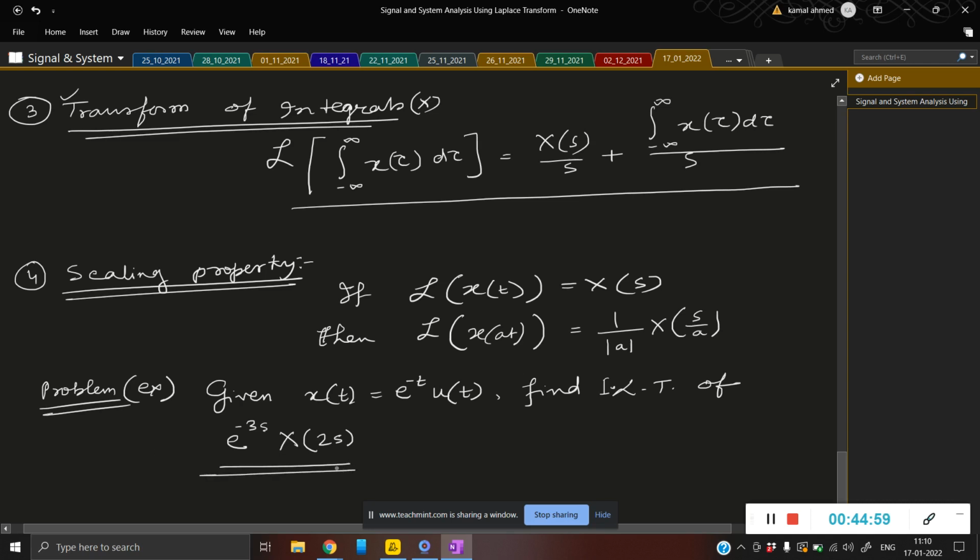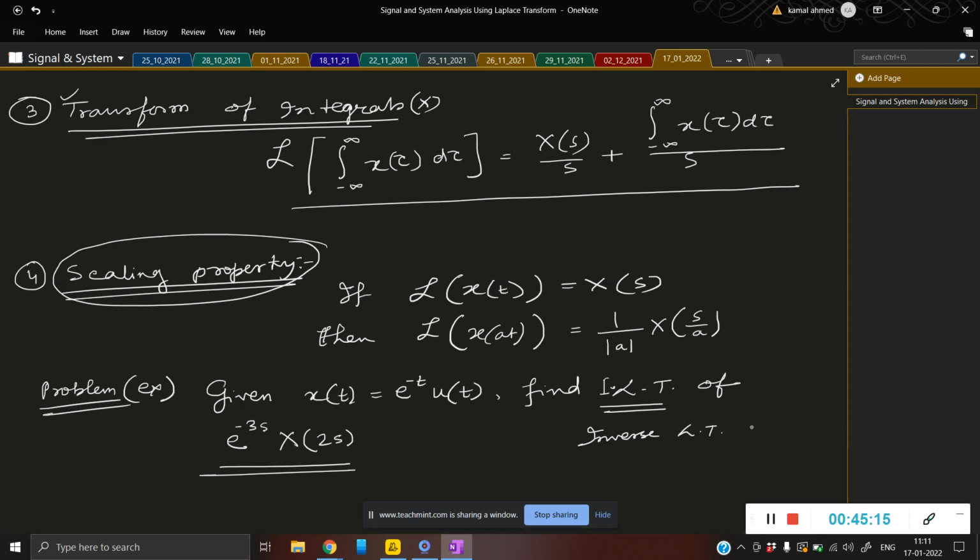So now using this scaling property I can find out the inverse Laplace transform. Now in the next class we will see what is the inverse Laplace transform and how we will find out the inverse Laplace transform from your scaling property.